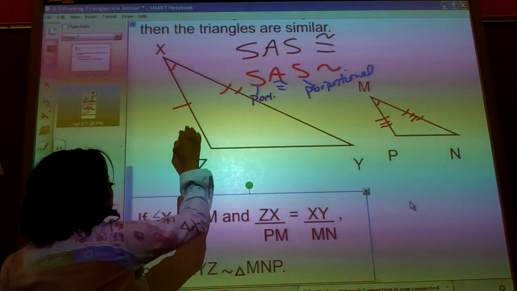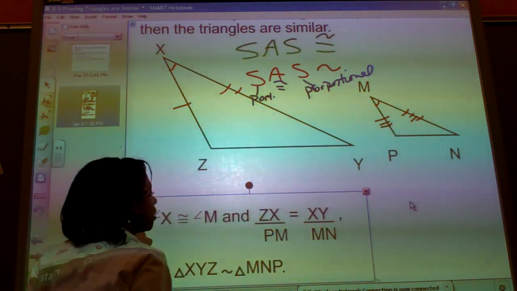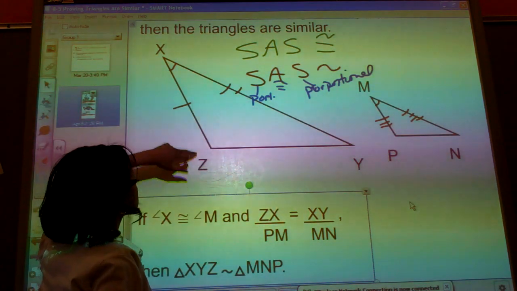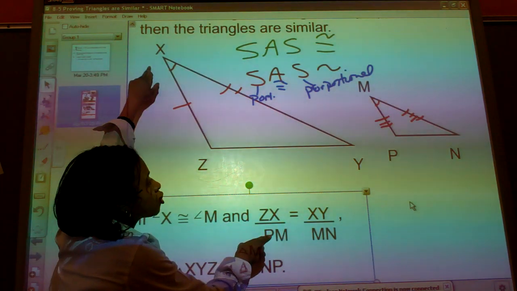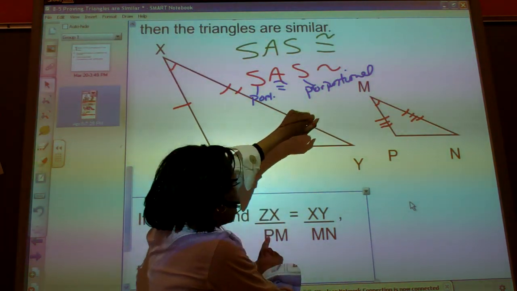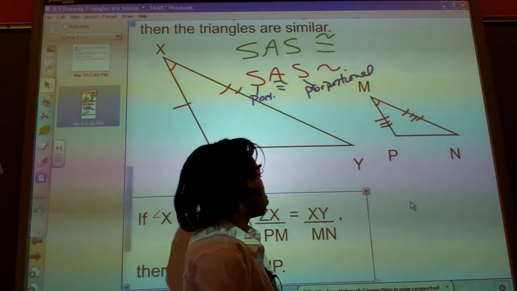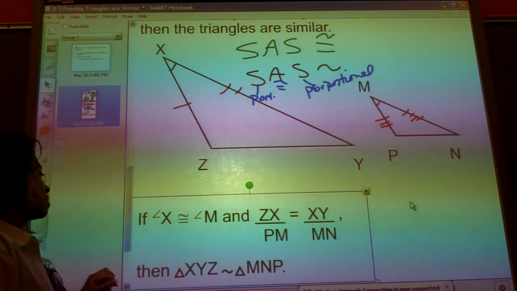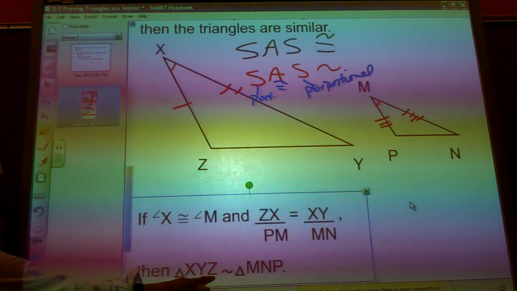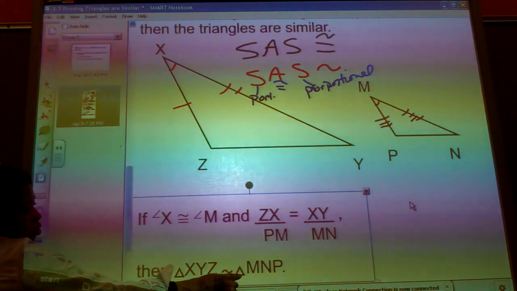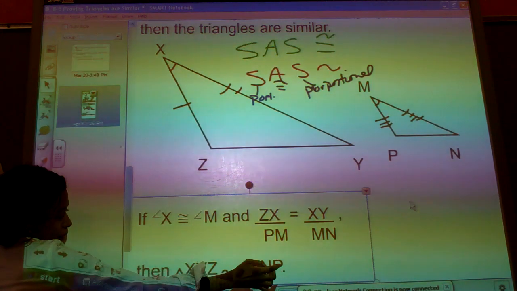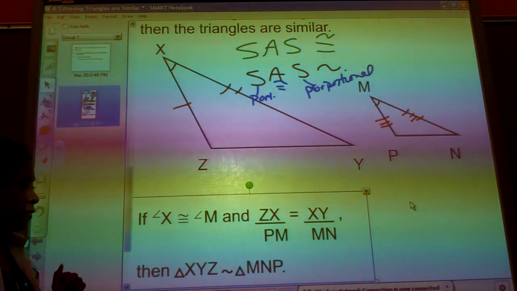So if I have my 2 angles, X and M, being congruent, then I have ZX is proportional to PM, and I also have XY is proportional to MN. Then that means that triangle XYZ is similar to triangle MNP. And there's your 8-5 lesson.